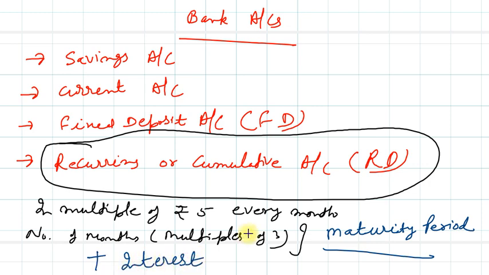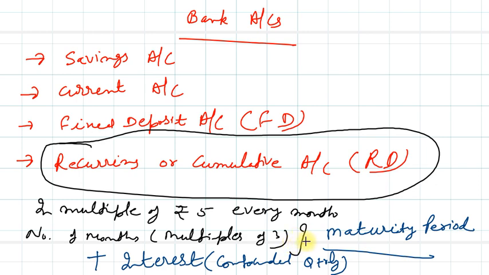He will get principal plus interest, that will become the amount. This interest is compounded quarterly at a fixed rate announced by the government.